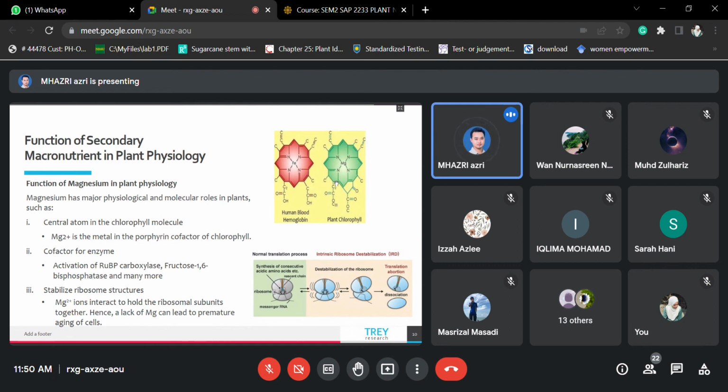Actually, these are not the only two enzymes that require magnesium as a cofactor. There are a lot of other enzymes that require metals, especially magnesium, for their activation. Apart from that, magnesium is also required to stabilize ribosome structure. The ribosome comprises two subunits, a major subunit and a small subunit. If these subunits are not stabilized, amino acids cannot be synthesized.